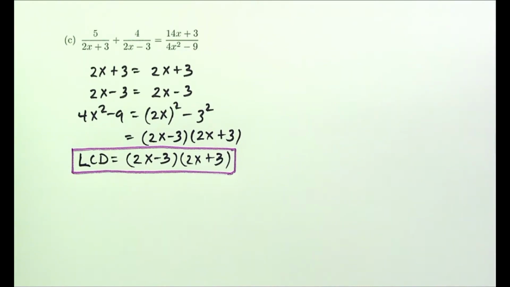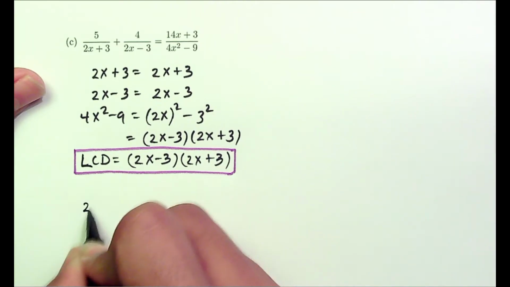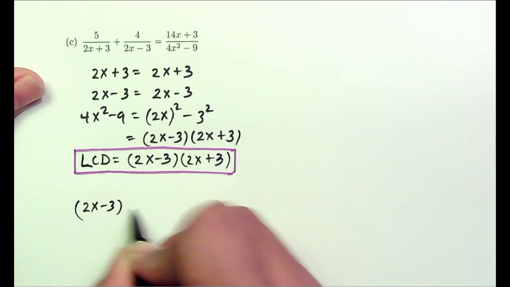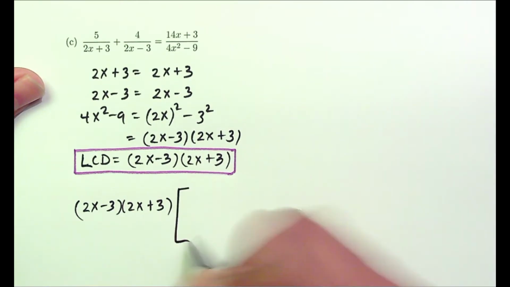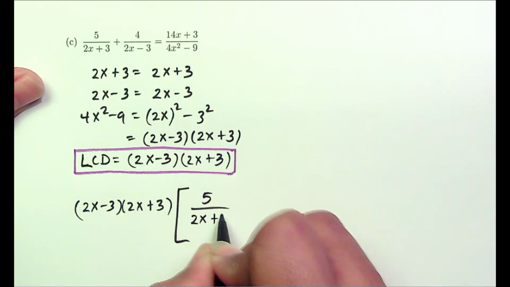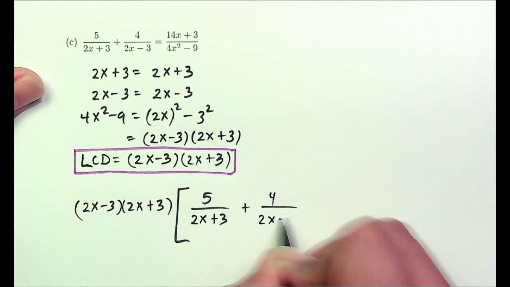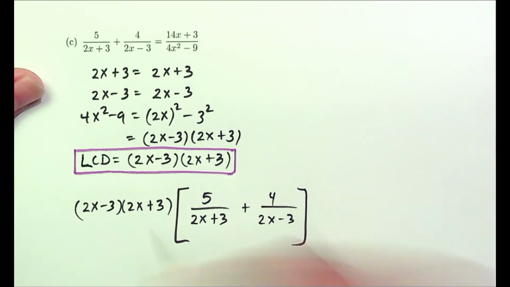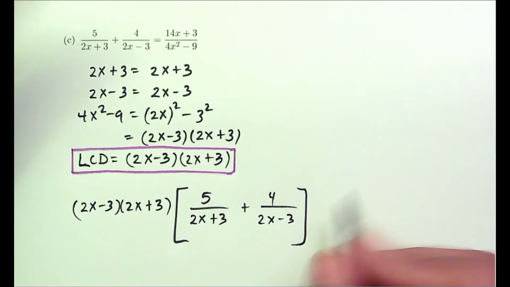So I'm going to multiply both sides by this. So I'm going to write 2x minus 3, 2x plus 3. So I use that to multiply the left-hand side by this. I'm writing it like this because if I were to write it twice, one for each of the factors like I did in the previous one, it will not fit on the page.